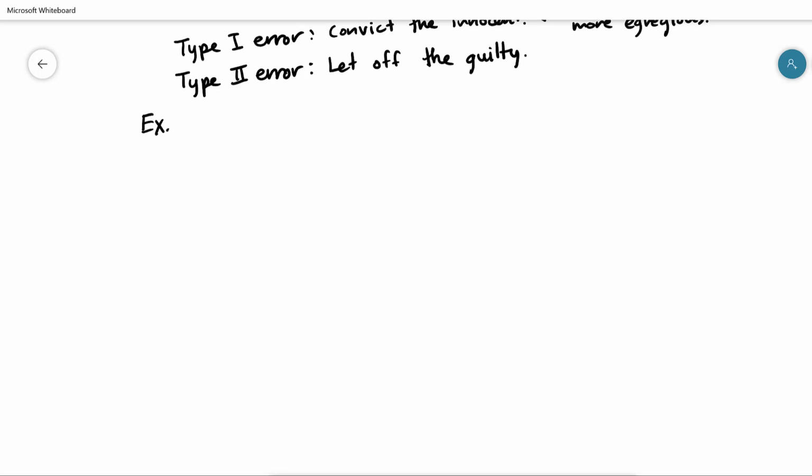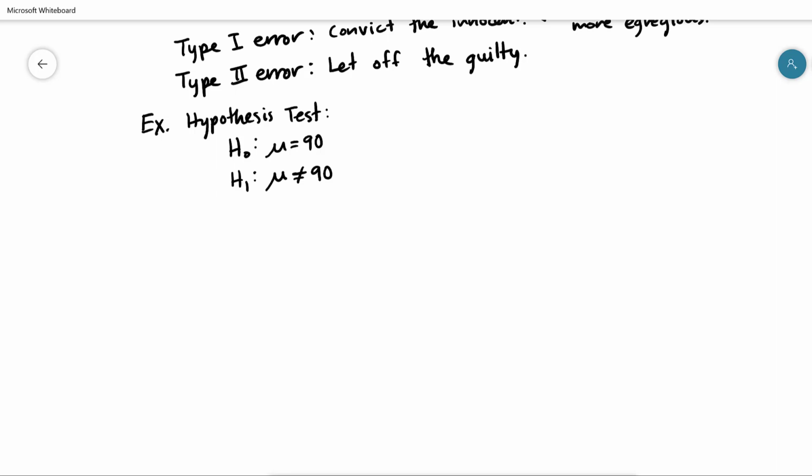So maybe our hypothesis test has the following. We have a null hypothesis that says that mu is equal to 90. And we'll have an alternate hypothesis that says mu is not equal to 90, which would make this, by the way, a two-tailed alternate hypothesis.